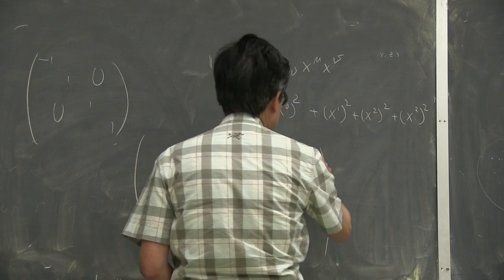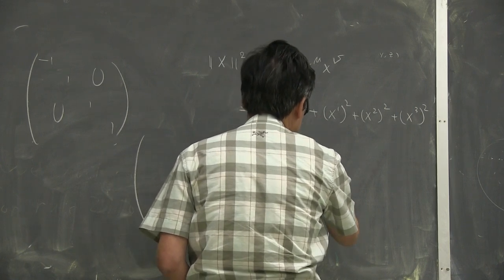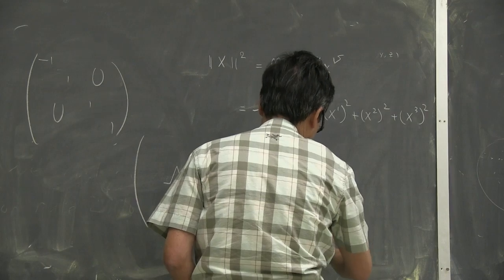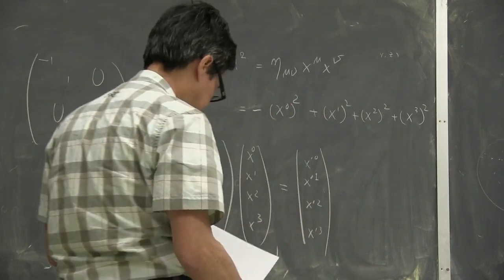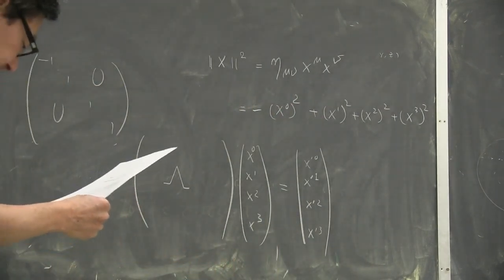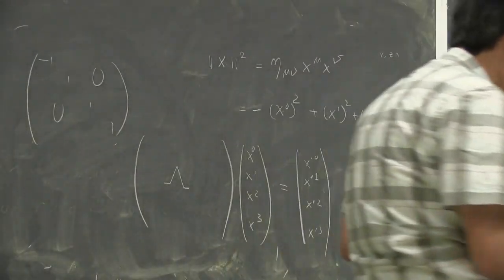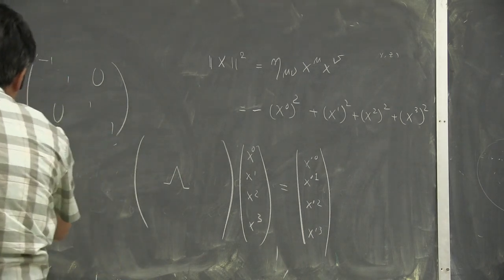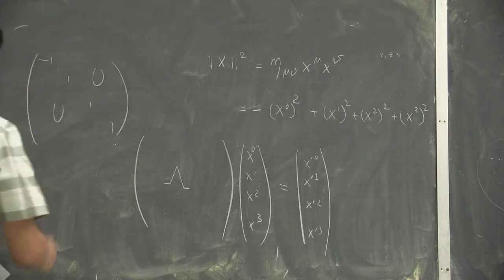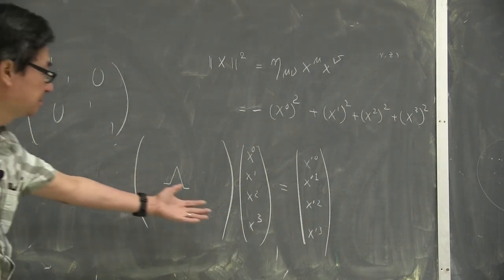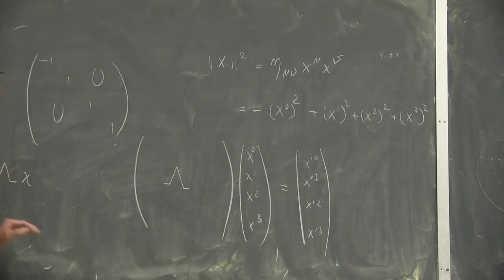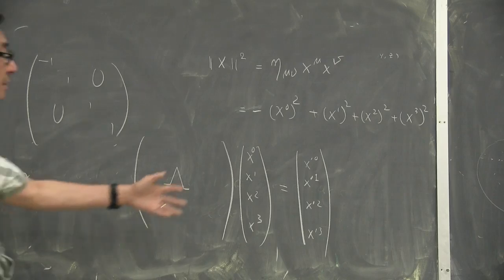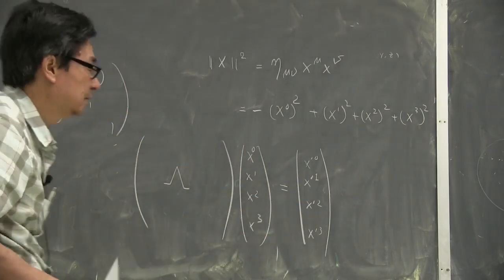Which we call x prime 0, x prime 1, x prime 2, and x prime 3. And so let me just write it like this. This symbol just means this multiplication in here, okay? 4x4 matrix multiplied by this column matrix in here, which is itself a vector in here, okay?